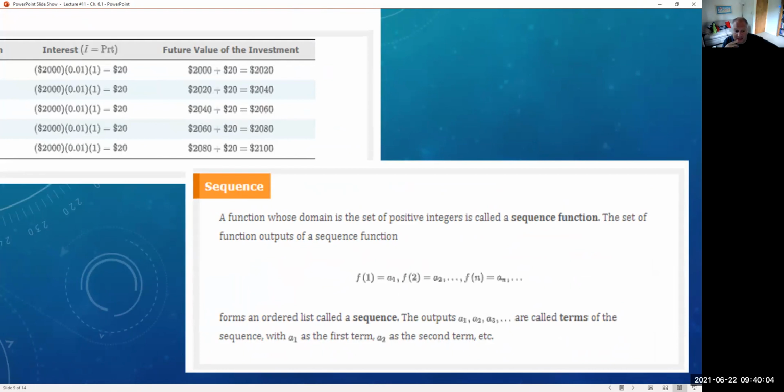The set of function outputs of a sequence function forms an ordered list called a sequence. The outputs, A1 through An, are called terms of the sequence. The most basic example of a sequence function is your times tables. When you go 3, 6, 9, 12, 15, and you count aloud the times tables, you're basically reciting an arithmetic sequence.